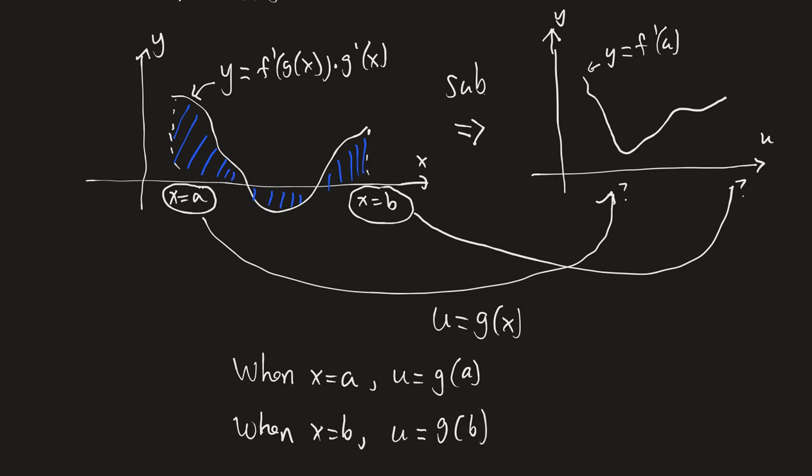So maybe, just maybe, this x value that's equal to a gets converted over to this u value that's g of a. So maybe I'll put it like right here and do g of a.